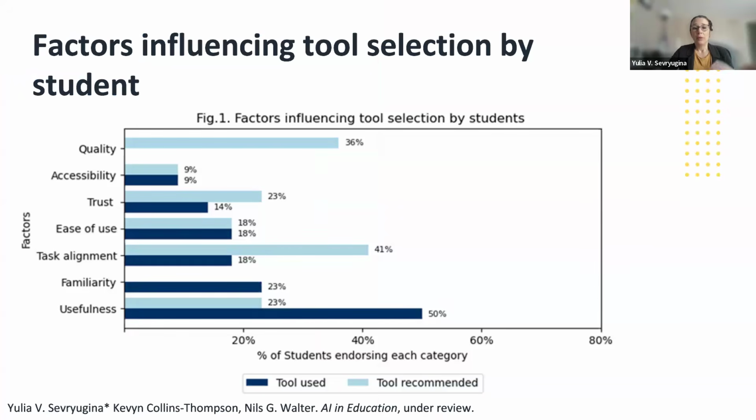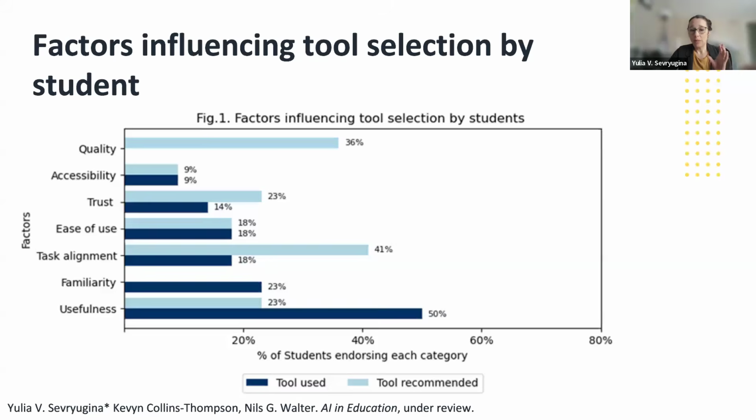And we also looked at which tools students preferred to use. The blue bar shows which factors were important for students to use the specific tool, and the light blue bar shows which factors are important for students to recommend a tool for the next year.